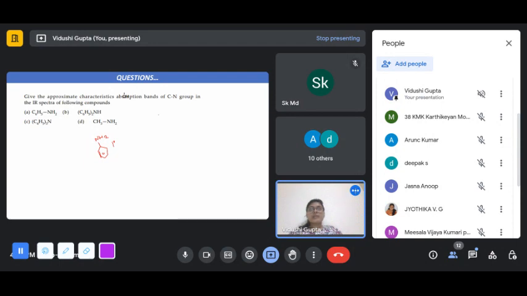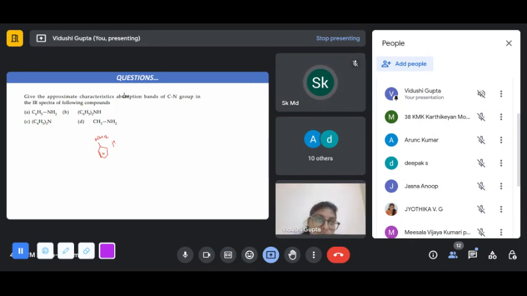So do you know what primary, secondary and tertiary amines are? What's the difference between them? Primary amine is attached to the primary carbon, secondary amine to the secondary carbon, and tertiary to the tertiary carbon.